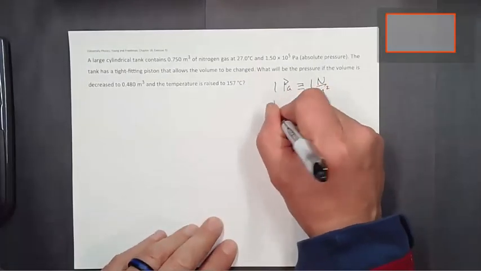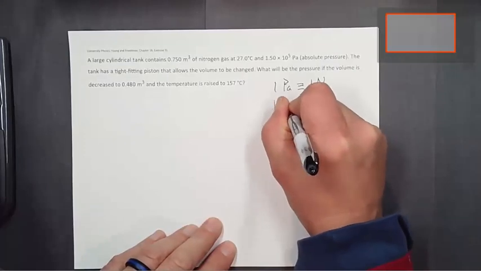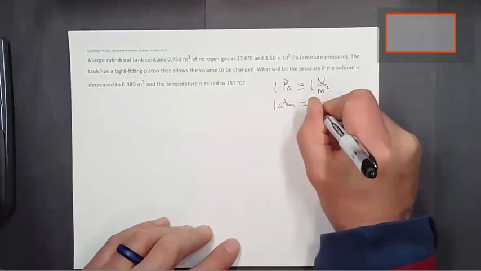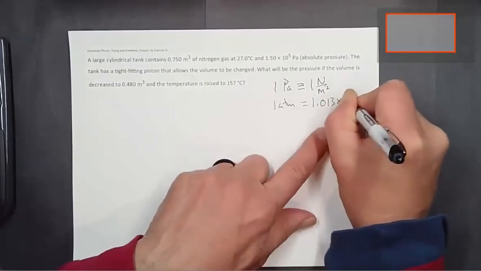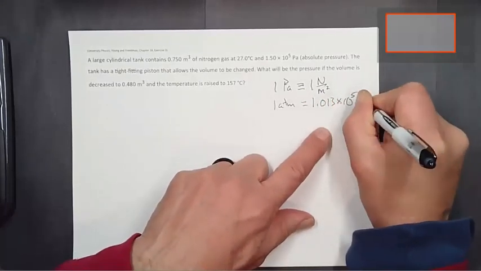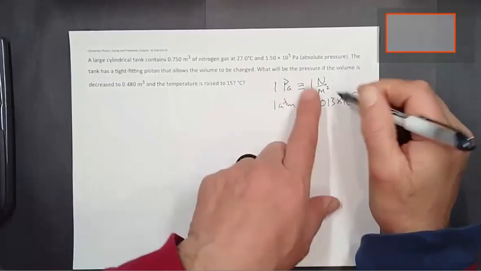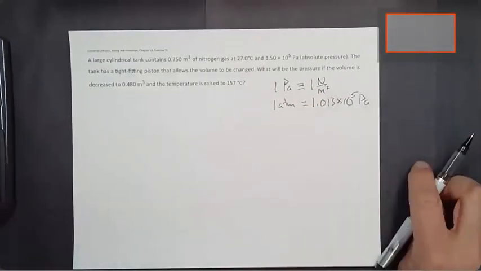1 atmosphere, which you often hear, is about 1.013 times 10 to the 5th Pascal, or newtons per square meter. They're the same thing.